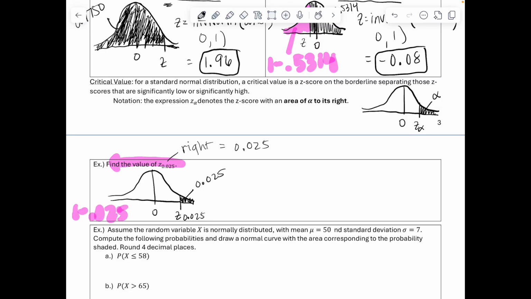When we do that, that unshaded area on this graph is going to be 0.975. So to calculate the z sub 0.025, we're going to use inverse norm, area to the left, which is 0.975, the mean, and then the standard deviation.